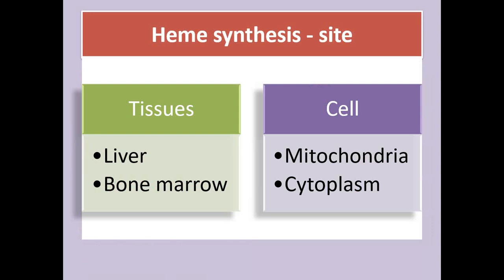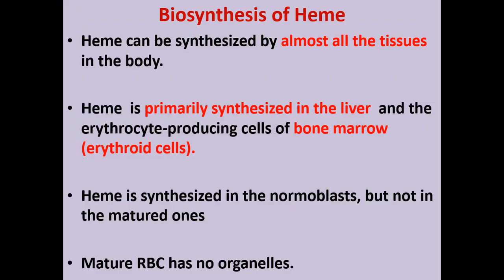What is the site of heme synthesis? In the tissues, heme is synthesized in the liver and bone marrow, and at the cellular level, it is synthesized in the mitochondria and the cytoplasm. Heme can be synthesized by almost all the tissues in the body, but primarily in the liver and the bone marrow.